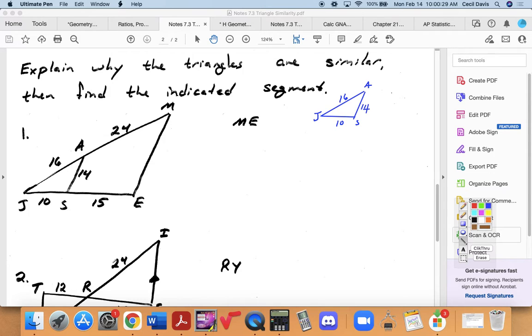And then for the big triangle, triangle JME, this is going to be 30, and this will be 25. 40. It's 40. Oh, thank you. Some days I can add. I appreciate it.